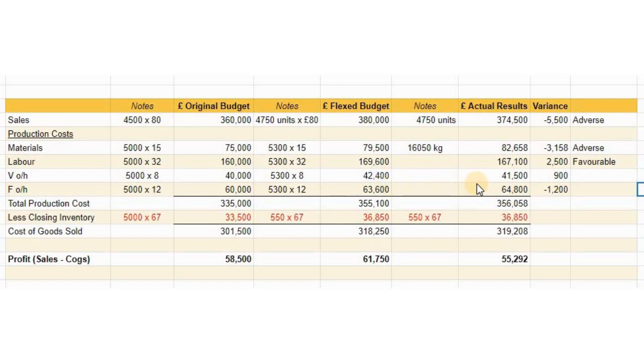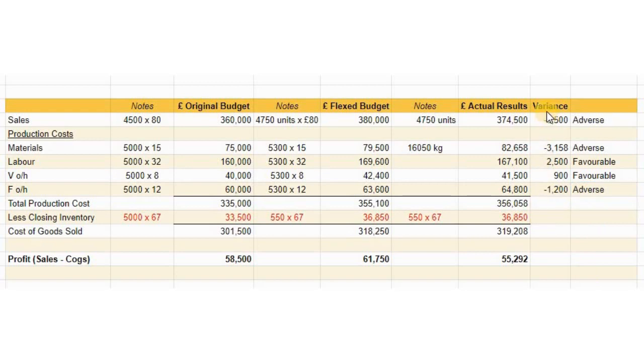We actually spent 41,500, which is less than expected, therefore it's favourable. Finally, for fixed overheads, we expected to spend, based on these levels of production, 63,600. We actually spent 64,800, an extra 1,200, and so that is an adverse variance.